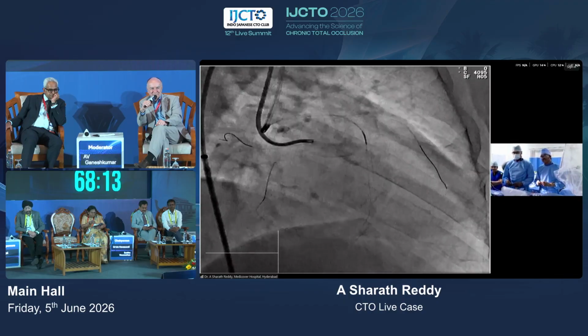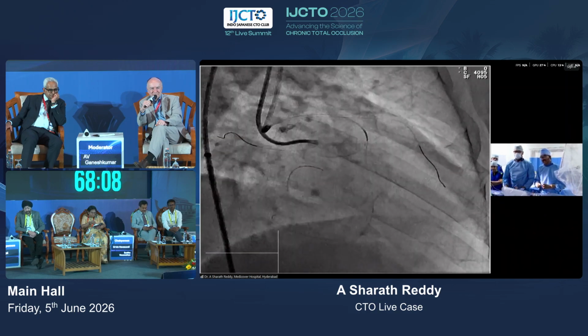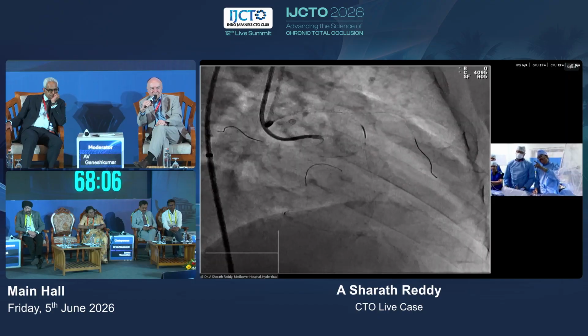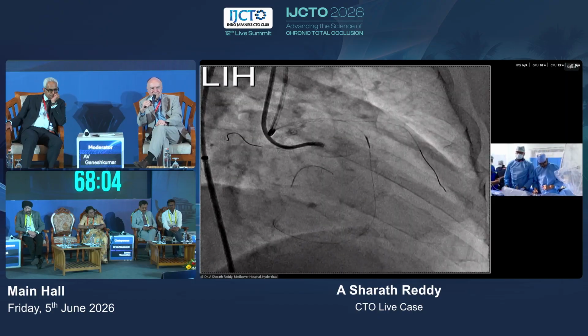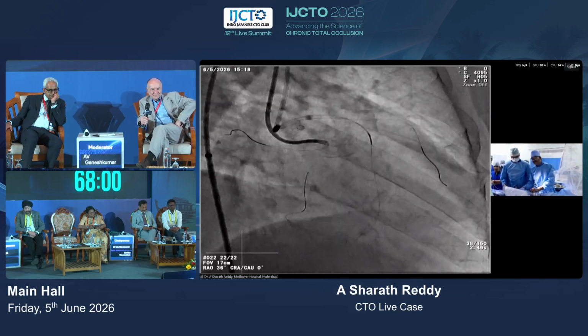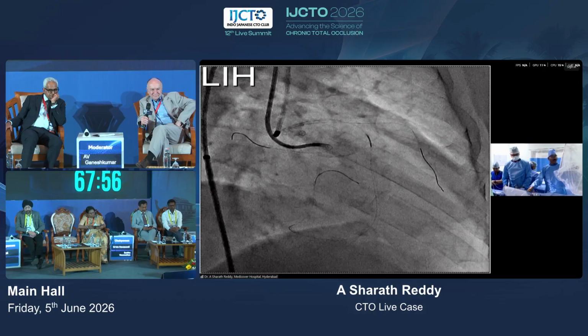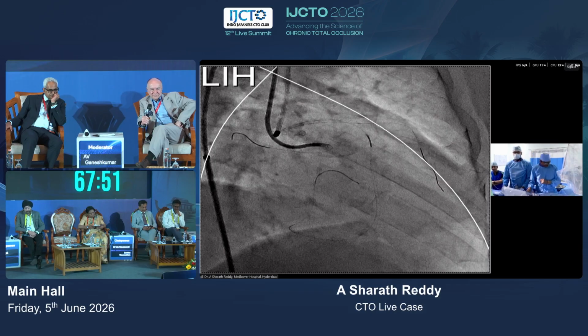So we crossed with the CO, and now you can see this is the branch which I spoke about in CT, and the CO is just going into that branch. So let's go to LAO and confirm the course, please.